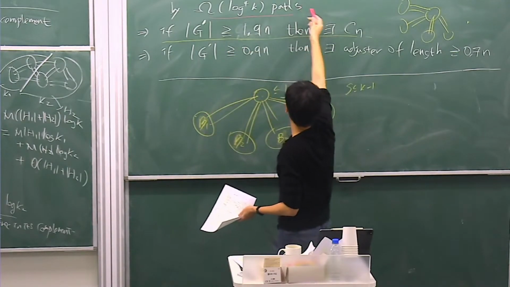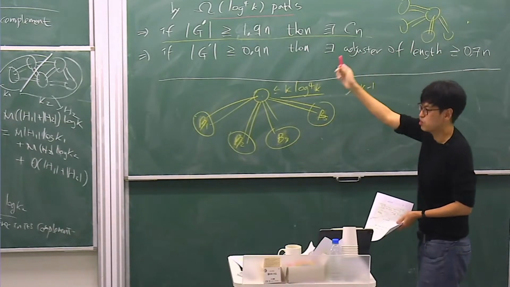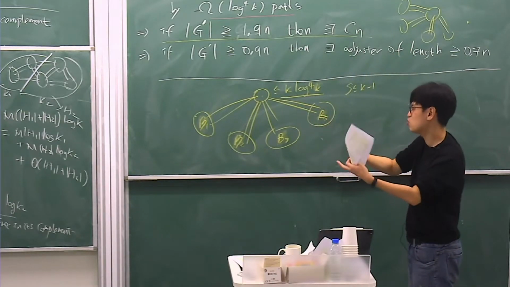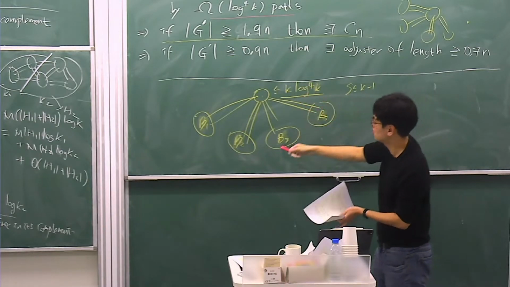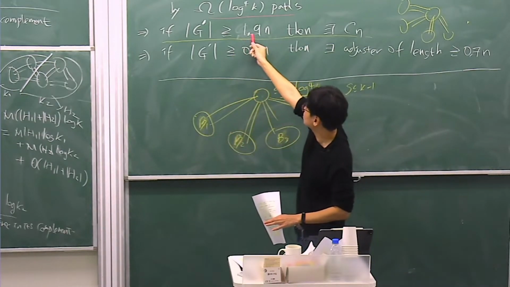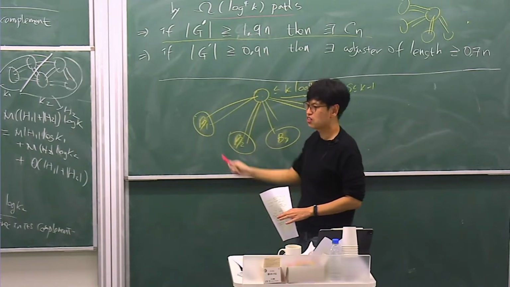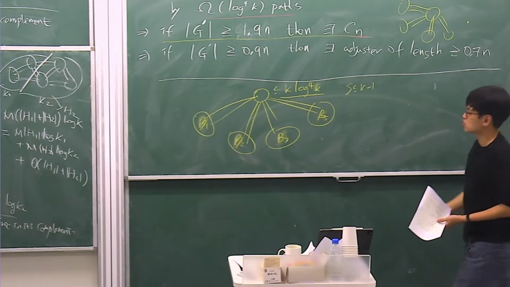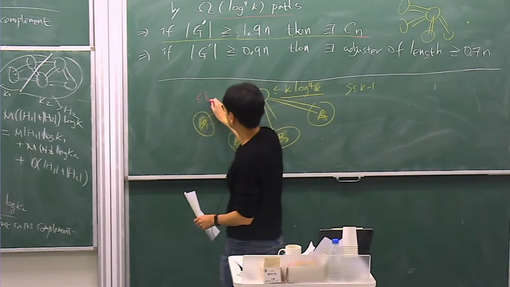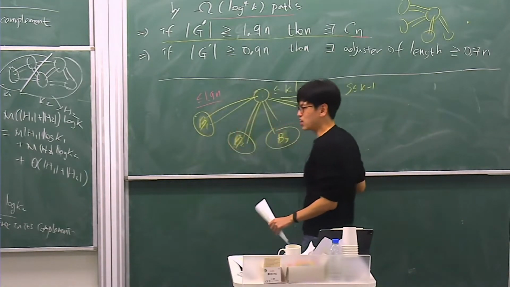That means that it satisfies this additional condition. There is the issue of when you take the lemma and which graph you are working on. But essentially, if this one has more than 1.9n, you are already done by finding Cn. So we know that all of them have size smaller than 1.9n.